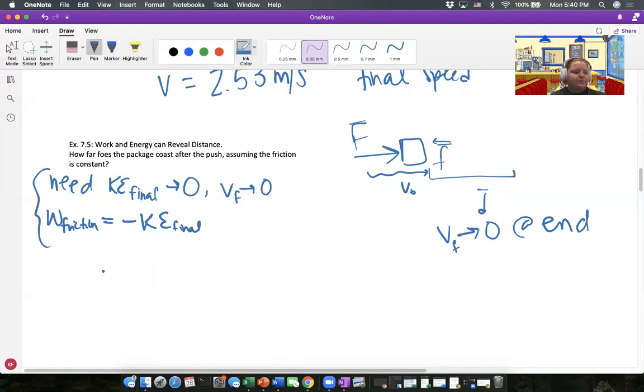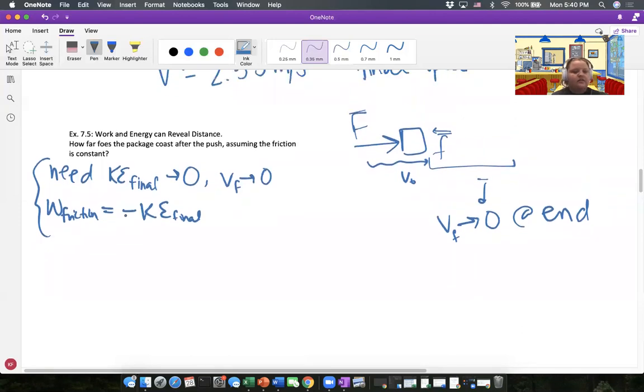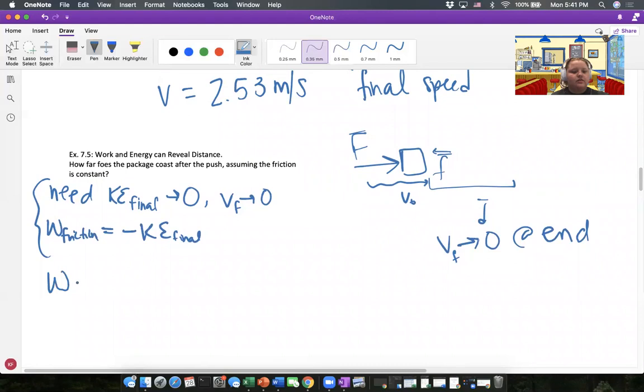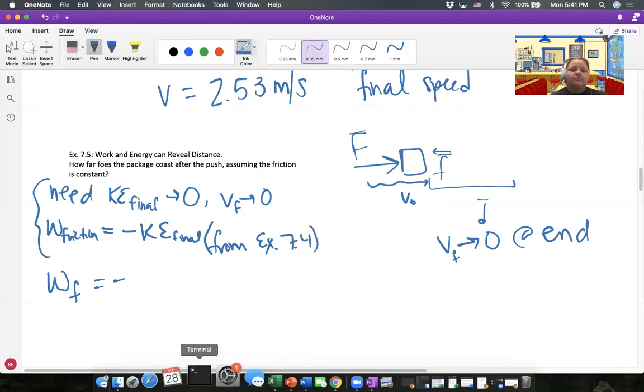Okay, so we're going to take our friction, our frictional work, and it should be this kinetic energy final, which is from, I think it's from example 7.3. I'm sorry, it's actually from 7.4, where we looked at this.